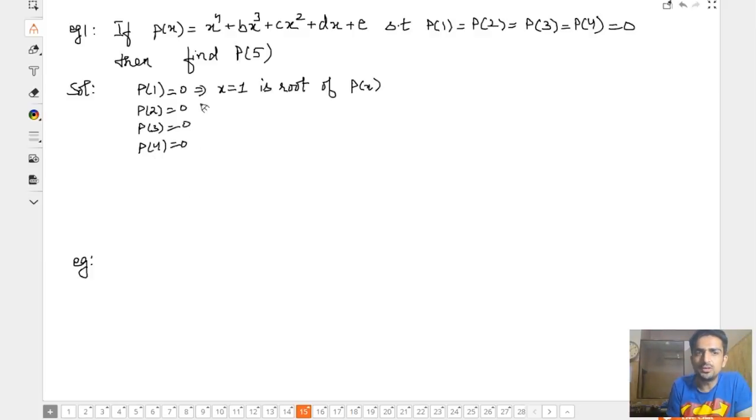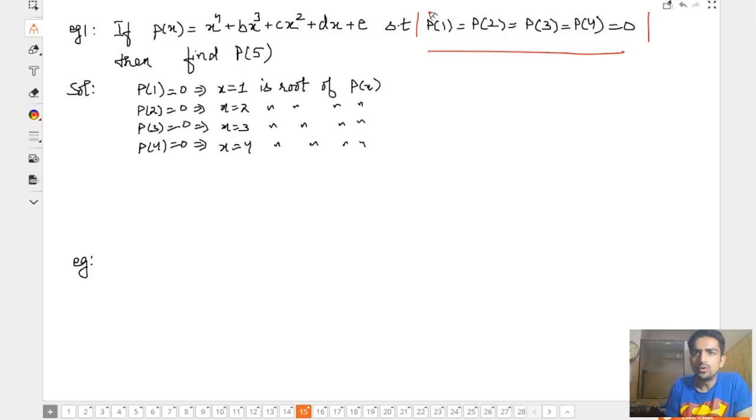All these values are given to be 0. This implies x equal to 2 is a root of p(x). This implies x equal to 3 is a root of p(x). And this implies x equal to 4 is a root of p(x). Simple, nothing. Primarily, he has given you 4 roots of p(x), basically.